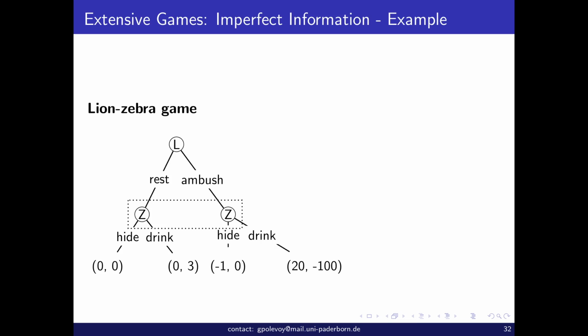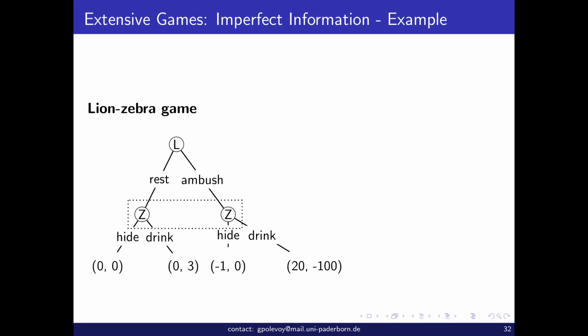And here is a very simple example. You may also see a similar example in the homework. So the lion decides whether to ambush the zebra on her way to drink or not. If the lion decides to rest, then the zebra has to decide whether to go to drink or just remain hidden where she is.